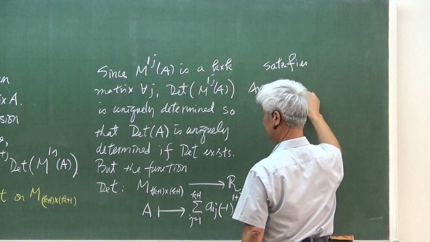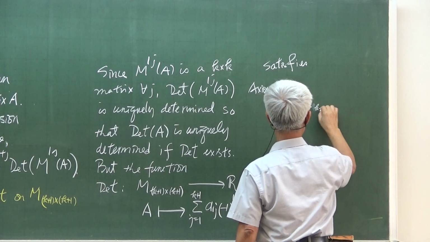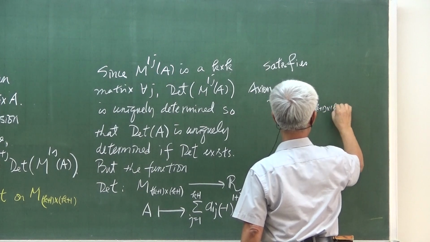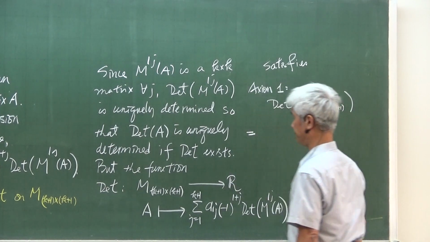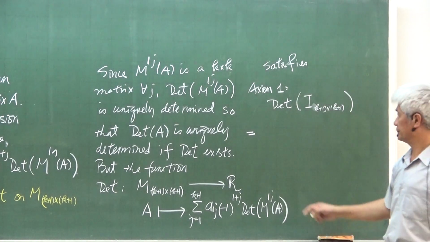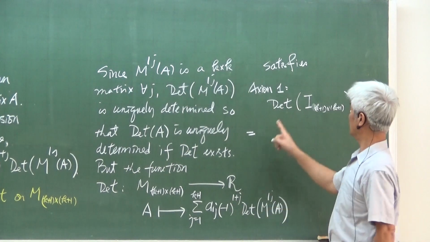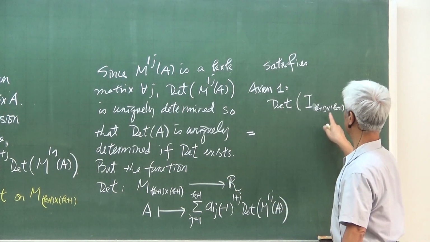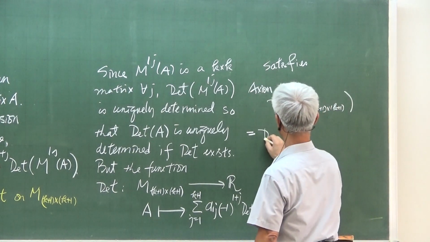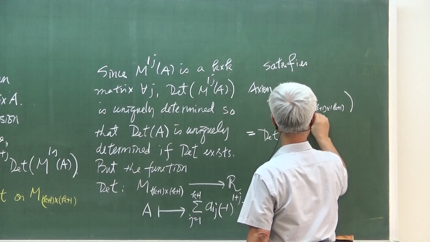So we check det of the identity by using this formula. The expression is on the first row.